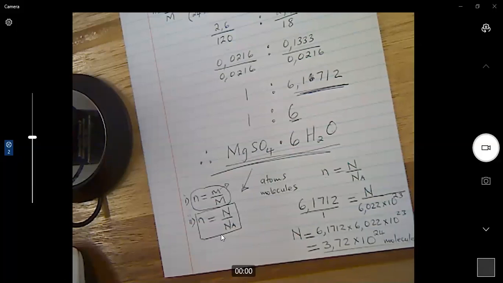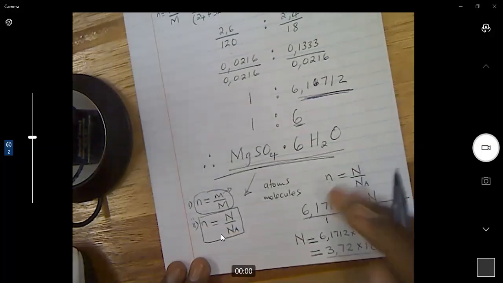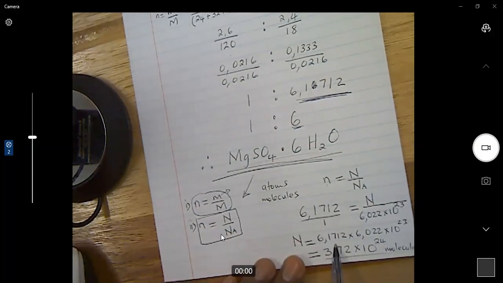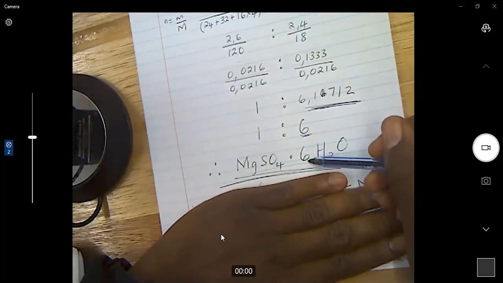All right, I'm going to stop here for you guys to continue working on the activity. If there are no questions, please continue. What you need to watch out for in the problem: is it asking for number of molecules or number of moles? If it was moles, then you stop here. These are your moles, 6 moles. Are you following?